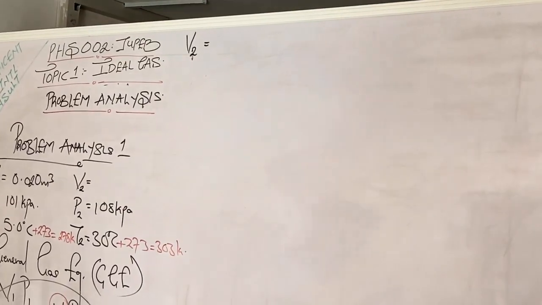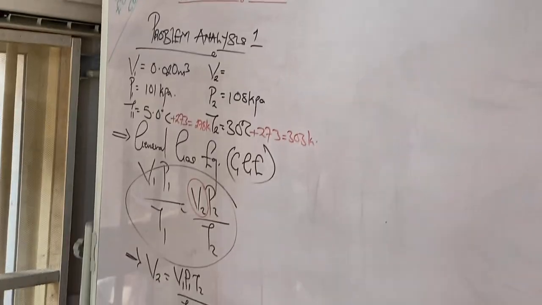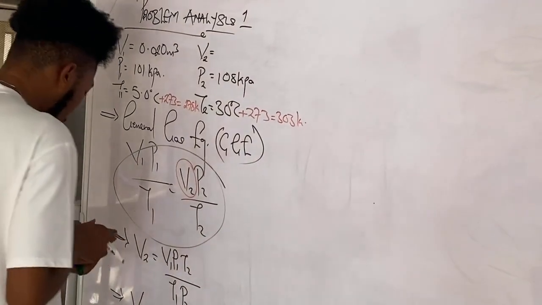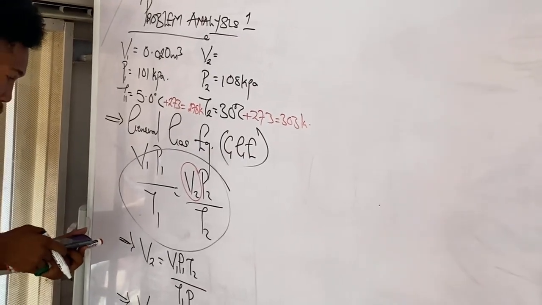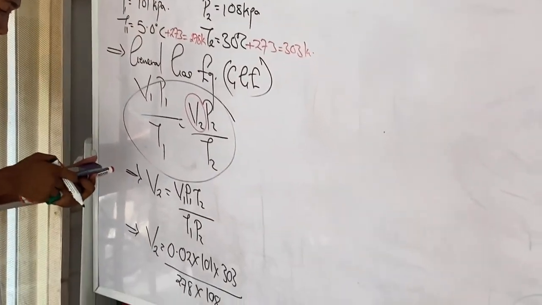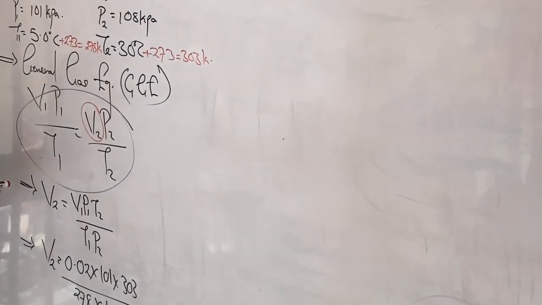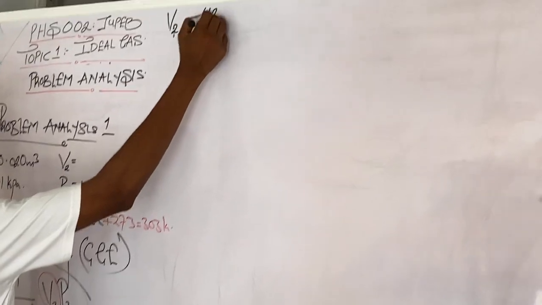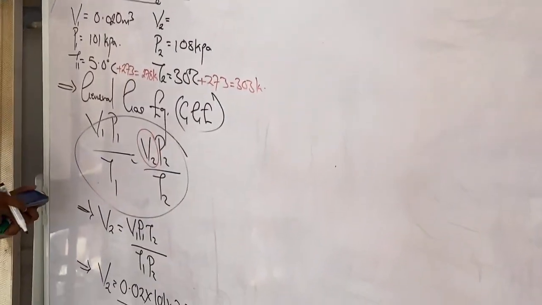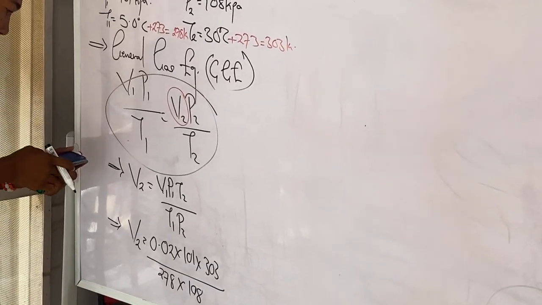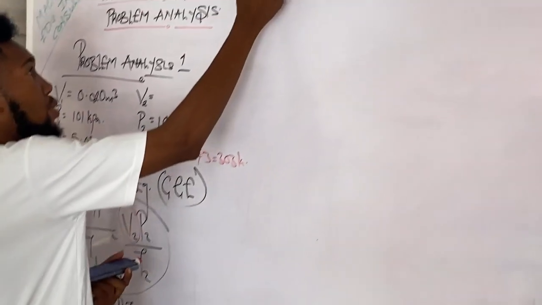let me quickly grab the calculator. On our numerator side, we have 0.02 times 101. You can punch it in your calculator too. Multiply by 303, that gives us 612.06 as the numerator, and our denominator is 278 multiplied by 108, which gives us 30,024.